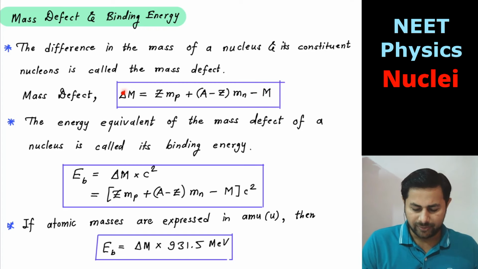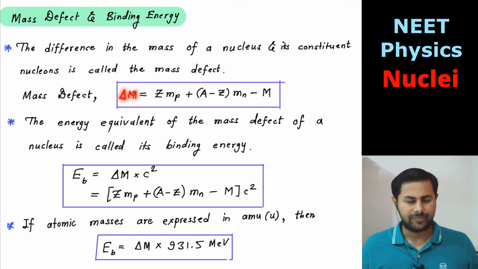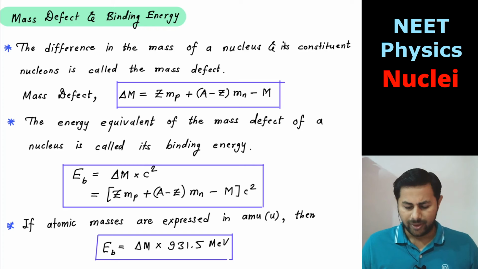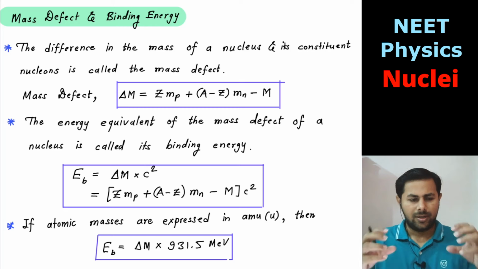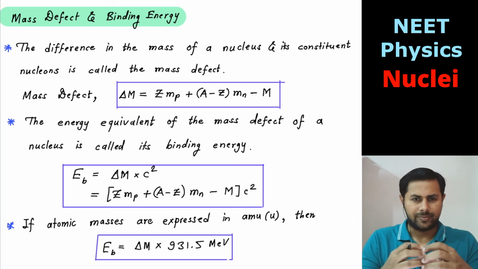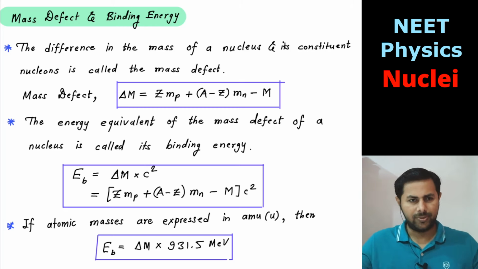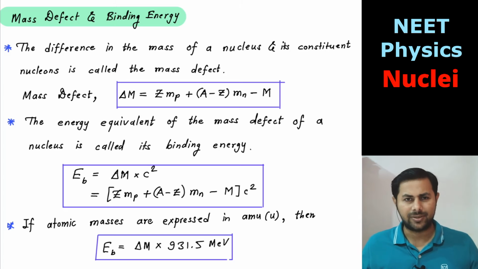So now the question is, why is this mass lower? Now see, the protons are positively charged, right? If you take two protons together and move them closer to each other, what will happen? They will repel each other.